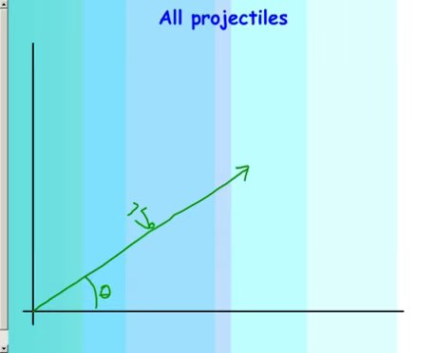So the acrossways part is going to be the vector like that, and that's going to be V0 in the x direction. And then we have part of that velocity in the y direction, and that's going to be here. And that's V0 in the y direction.